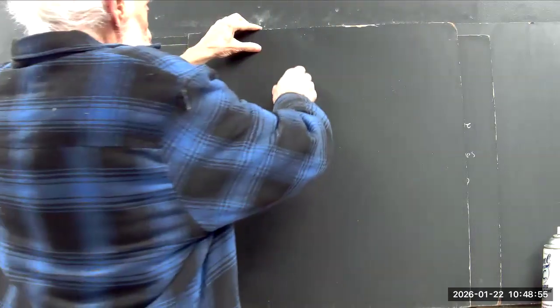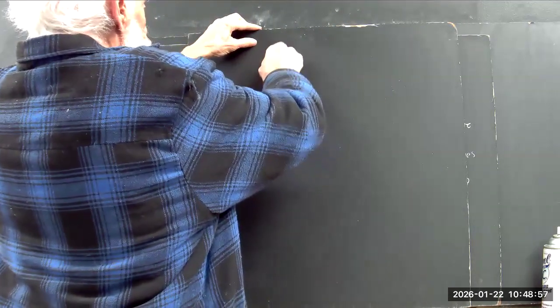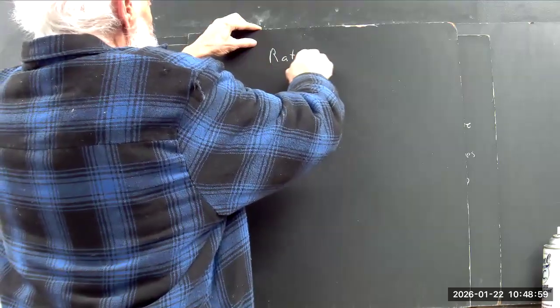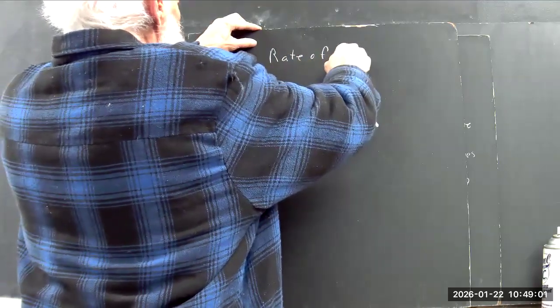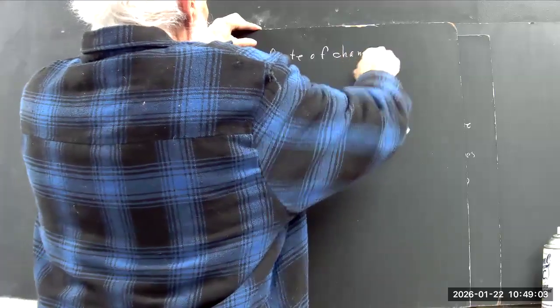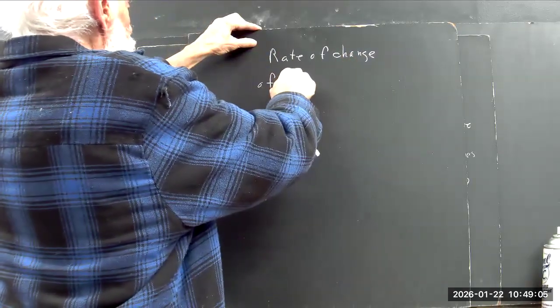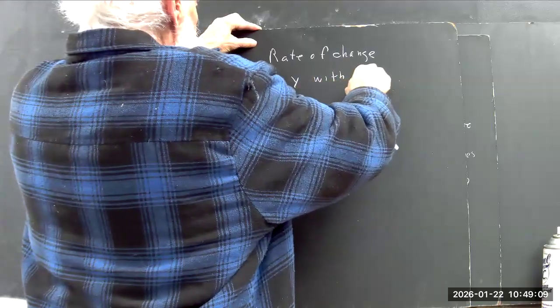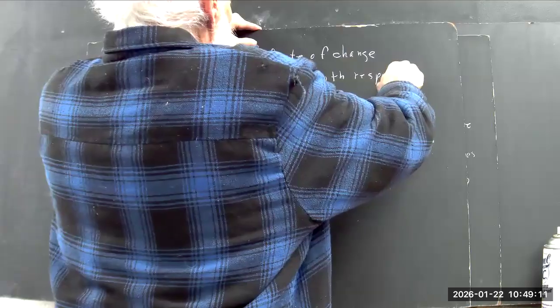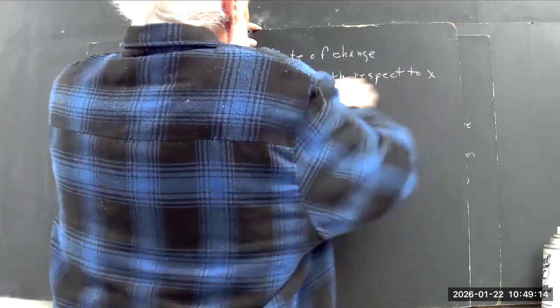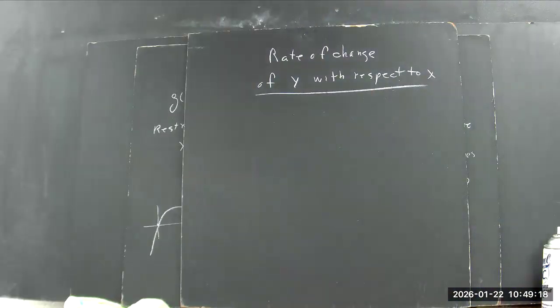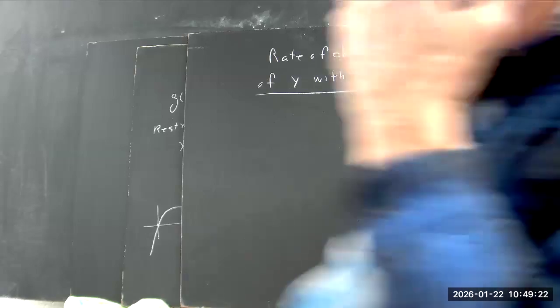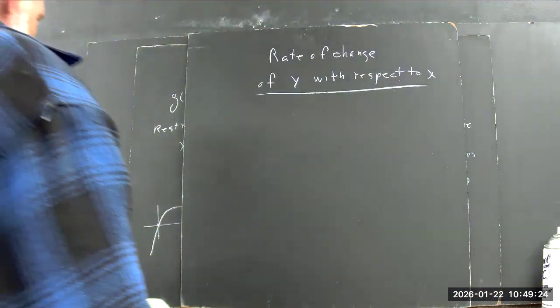So I'm going to at least give you the definition. Rate of change of y with respect to x. And we've only got 3 minutes, so it's going to be fairly abbreviated, but hopefully we can make a little bit of sense out of it.